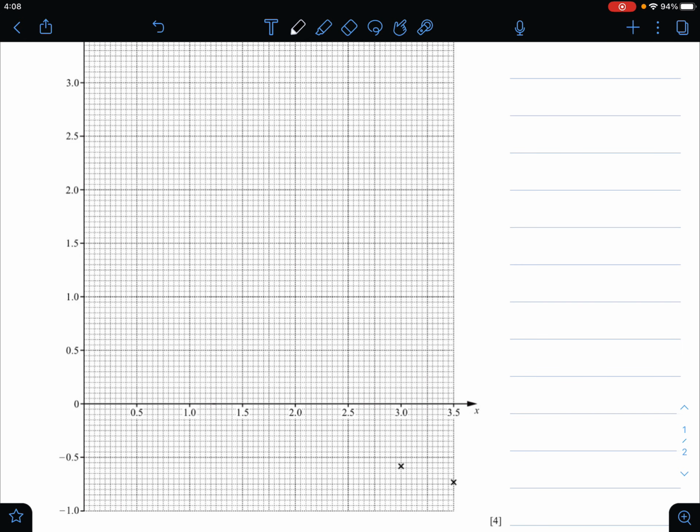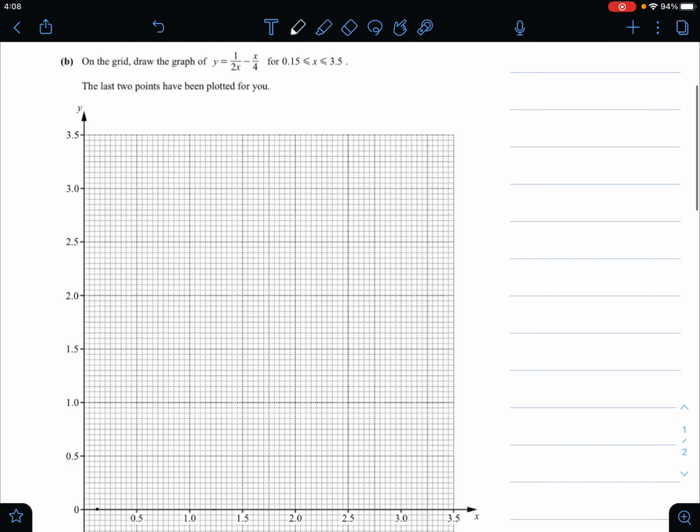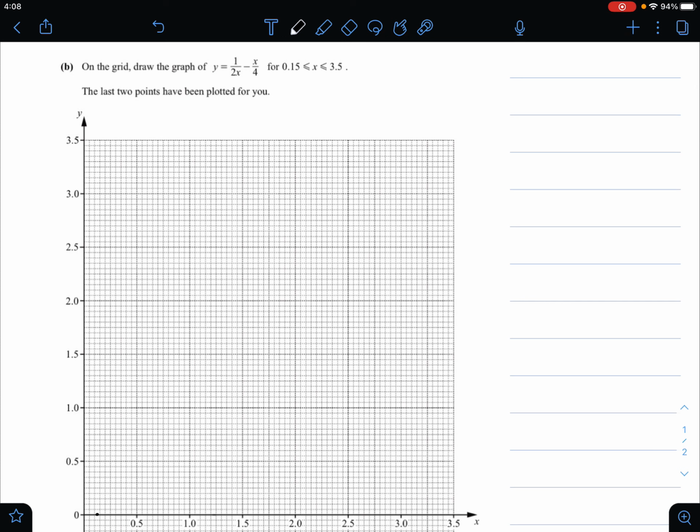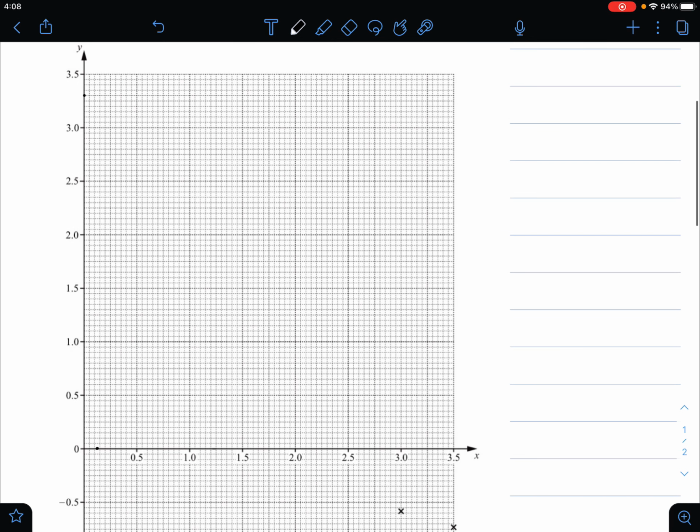So 0.15 would come right here, and 3.3 would come right here. Now all we need to do is see where they meet. That would be right here.